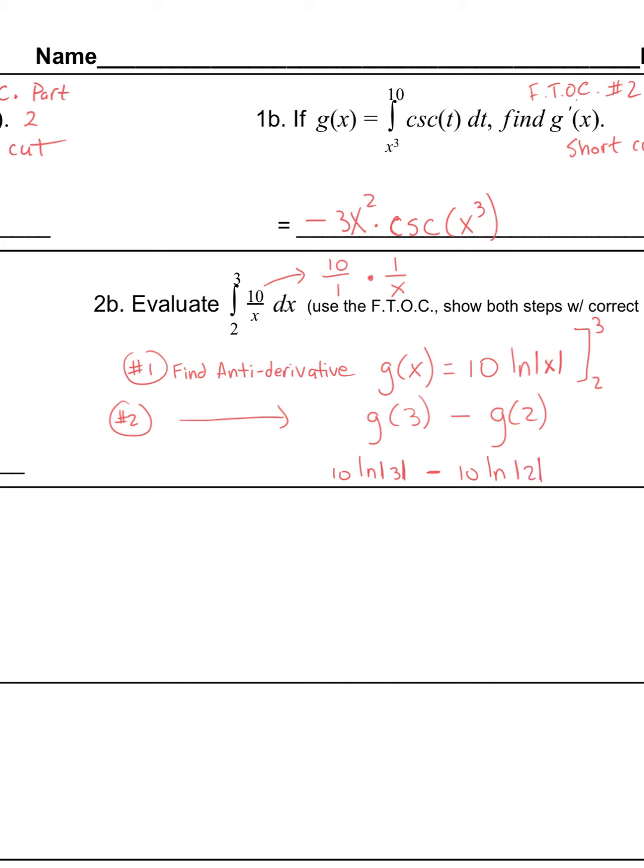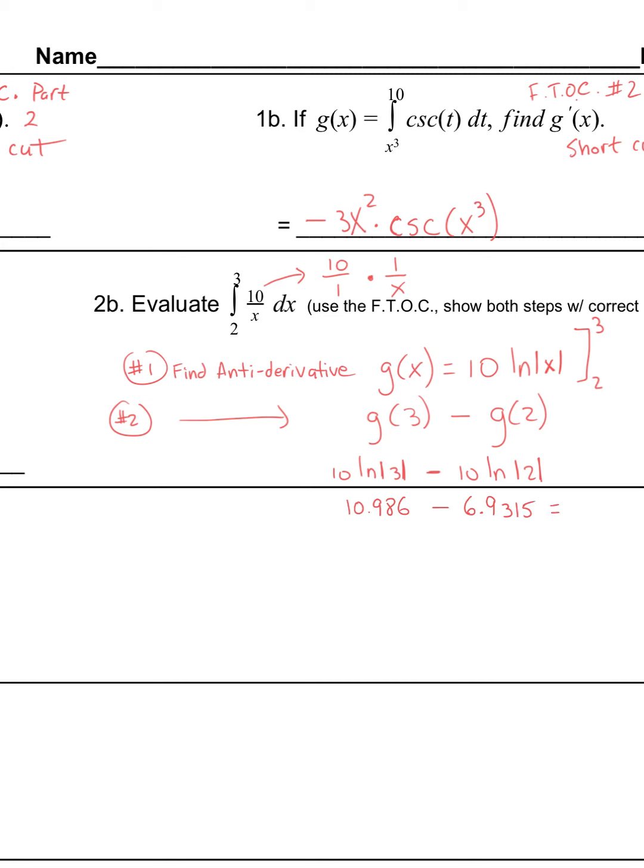If we go to our calculator, when I plug in 3 here, 10 times ln absolute value of 3, we get 10.986. When I plug 2 into my antiderivative, I get 6.9315. Again, check this on your calculator.